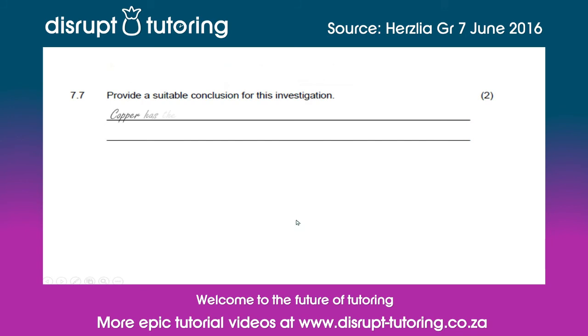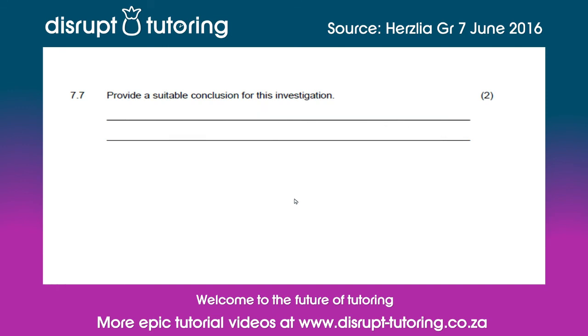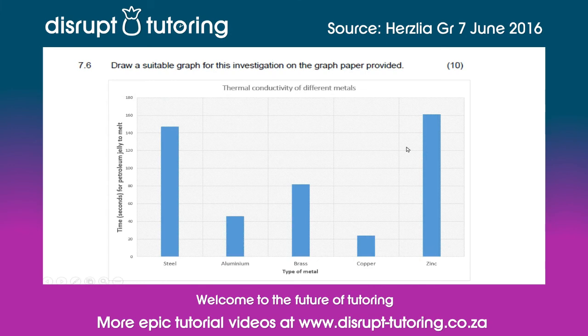Therefore, a suitable conclusion for this investigation is that copper has the best thermal conductivity of all the metals tested, and zinc is the least thermally conductive. We say that because the zinc took the longest time before the jelly melted, just over 160 seconds.